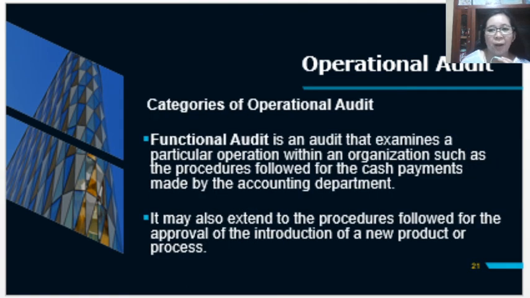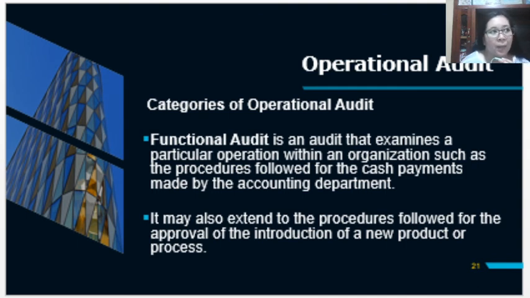Okay, so the categories of operational audit. First we have the functional audit. So this is the audit that examines a particular operation within the organization, such as procedures followed for cash payments. Okay, this is an example from the accounting department.